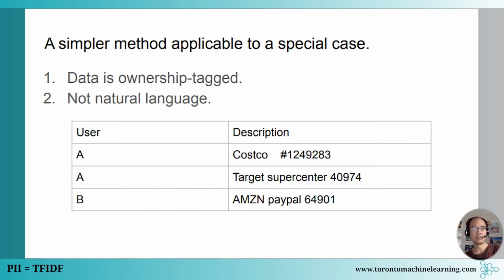The most important condition is that your data need to be ownership tagged. It cannot be just a bunch of transactions with descriptions. It also needs to tell me whom that transaction belongs to. Right? In this case, I will be able to say that the first two transactions belong to the same person, the same user A, and the next one belongs to a different person. This tag is necessary for my method to work. Right? That is just a condition.